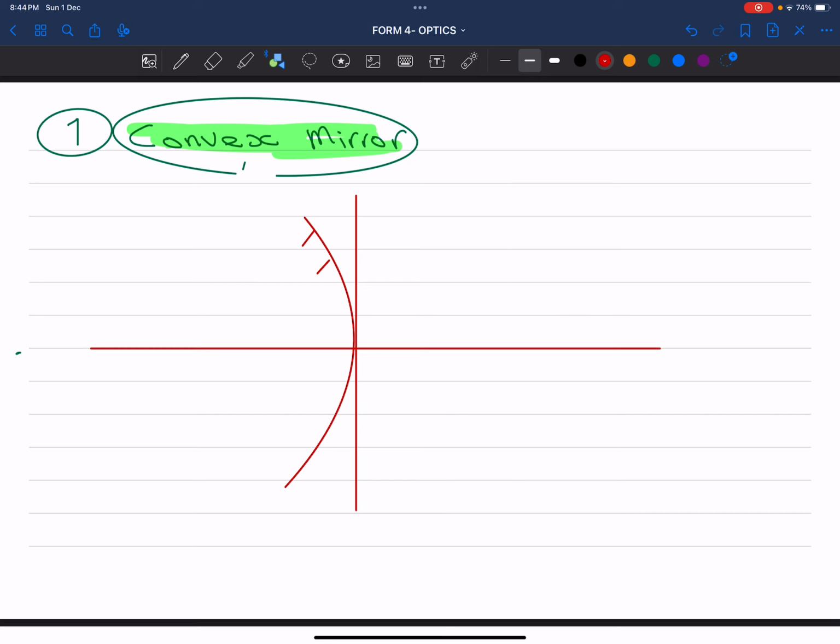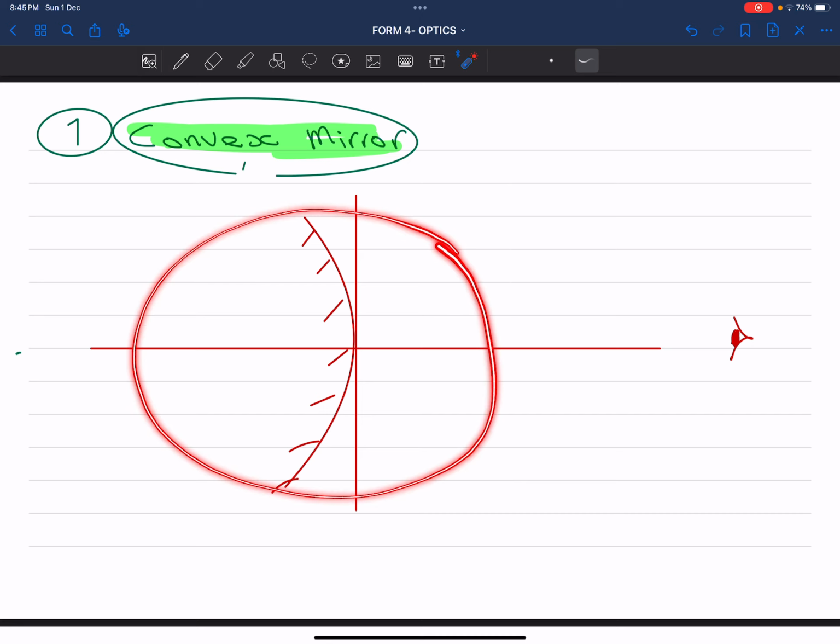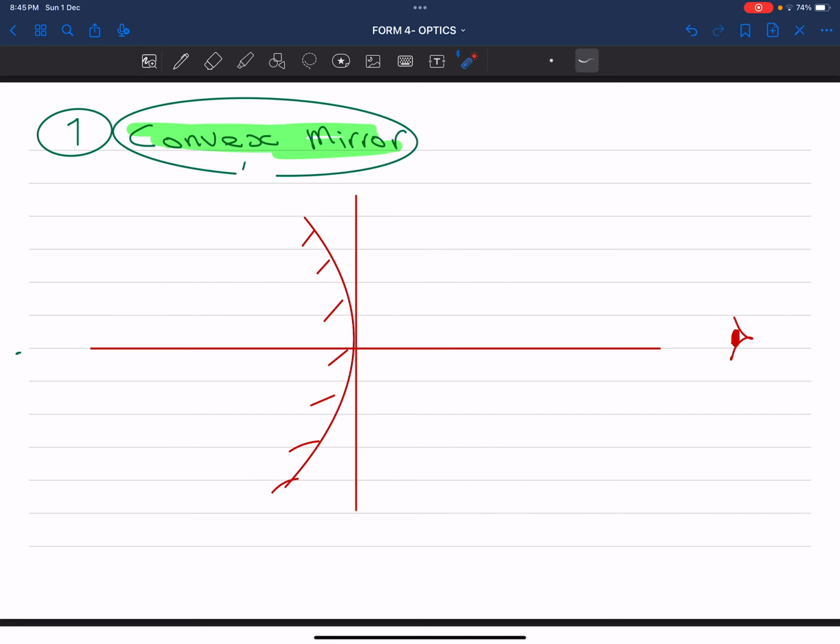I have to shade this. So we are actually looking from here. Now what happens if a light ray reaches the mirror, parallel, reaching the mirror? Okay, there are 3 properties of light ray for this convex mirror, which I will explain in lesson number 2.